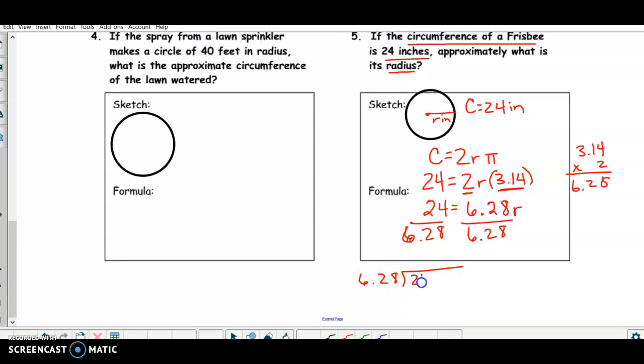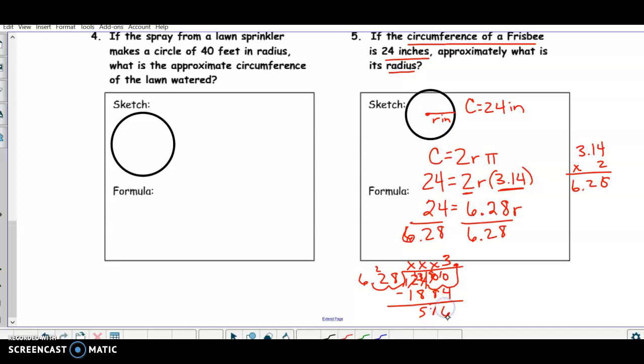6.28 into 24. If I move my decimal on the outside, I have to move it on the inside. 628 goes into 2,400 about 3 times. So 3 times 8 is 24, carry the 2, that would be an 8 and 18. So we're going to have to borrow. 9 becomes a 13, and that's a 1. 9 minus 8 is 1.